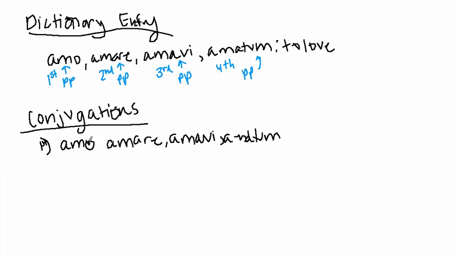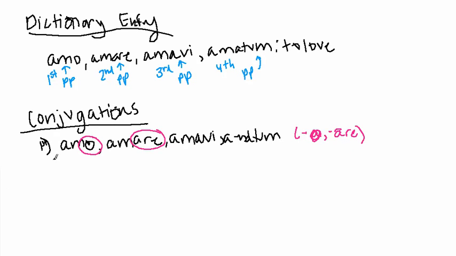And you can tell, as I said, you look to the last letter of the first principal part and the last 3 letters of the second principal part. And based on that, you can tell that the first conjugation will always end in o, are.